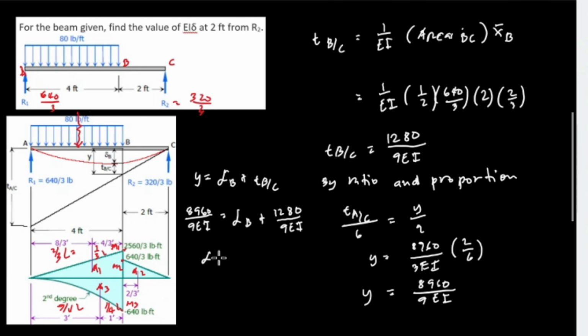So deflection B is 8960 minus 1280, that's 7680 all over 9 EI.